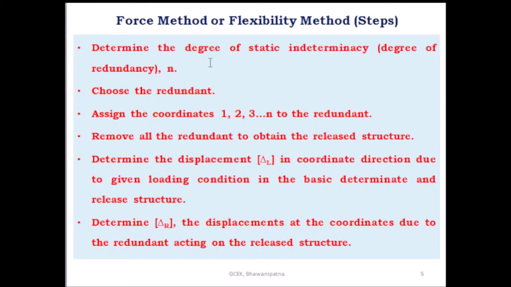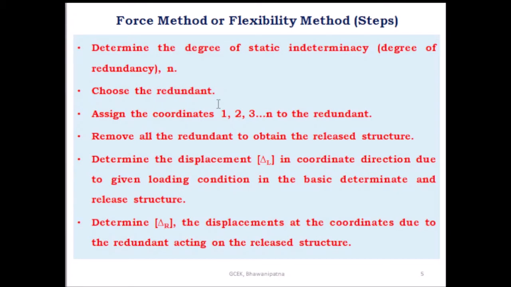These are the steps used to solve any statically indeterminate structure using the flexibility matrix method. First, you have to determine the degree of static indeterminacy of a structure. Then you have to choose the redundant forces according to the degree of static indeterminacy, because the number of redundant forces is equal to the degree of static indeterminacy.